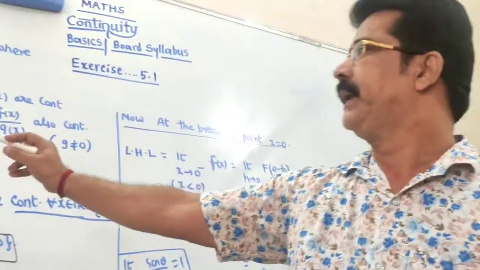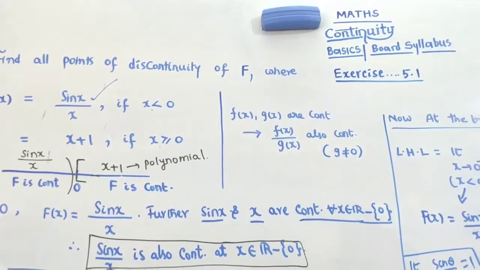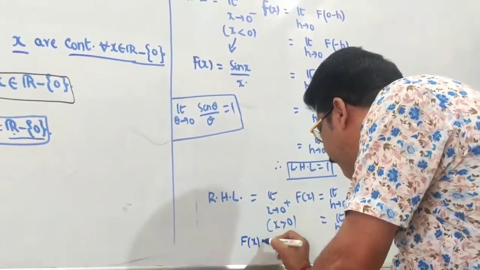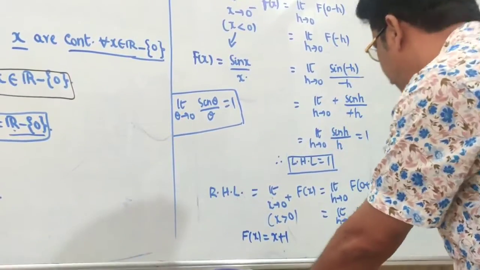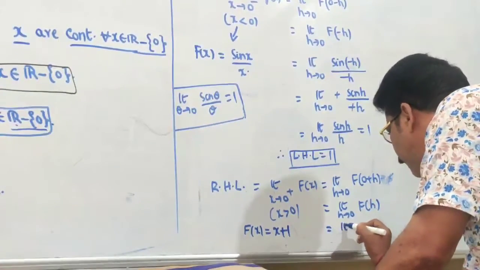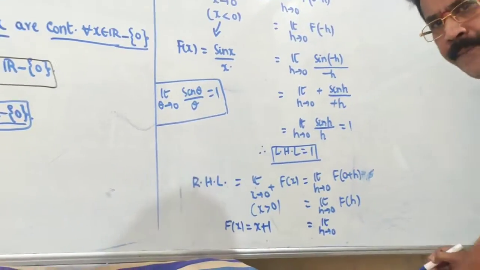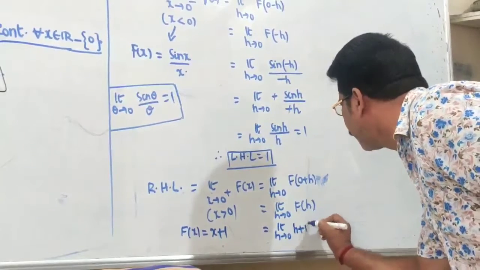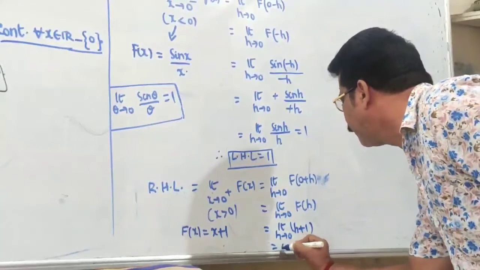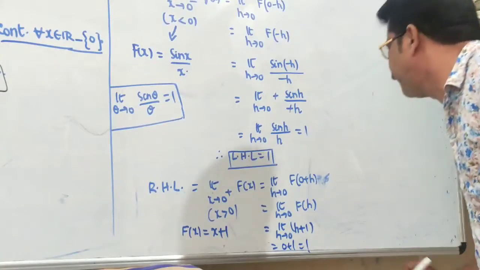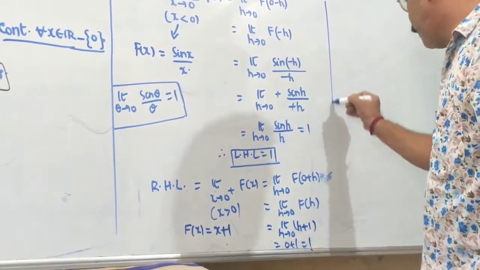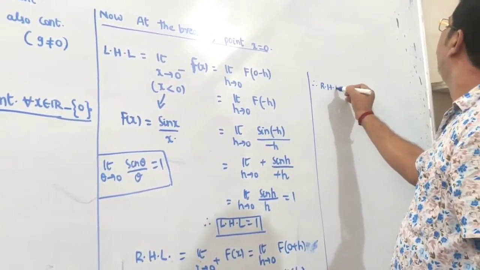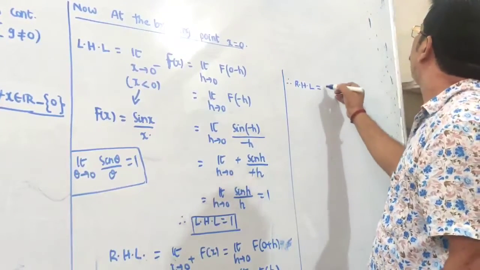In the greater than 0 case, capital F of x is taken as x plus 1. So that is equal to limit h tends to 0 of h plus 1. Putting h equal to 0, it is 0 plus 1, that is equal to 1. So therefore the right hand limit is equal to 1.